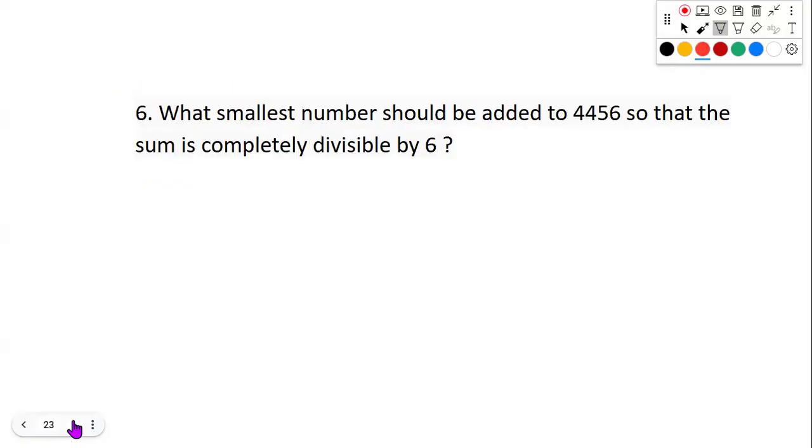Try this and tell me what smallest number should be added to this so that the sum is completely divisible by 6. Yeah, Simran is right.